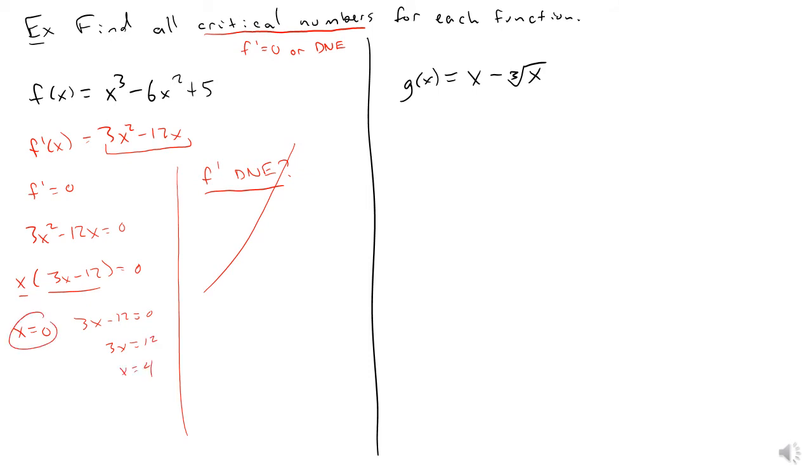So these two numbers here, 0 and 4, those are two numbers where the derivative would equal 0. F prime of 0 is 0, f prime of 4 is 0. So by definition, those are critical numbers. The critical numbers for this function are 0 and 4.